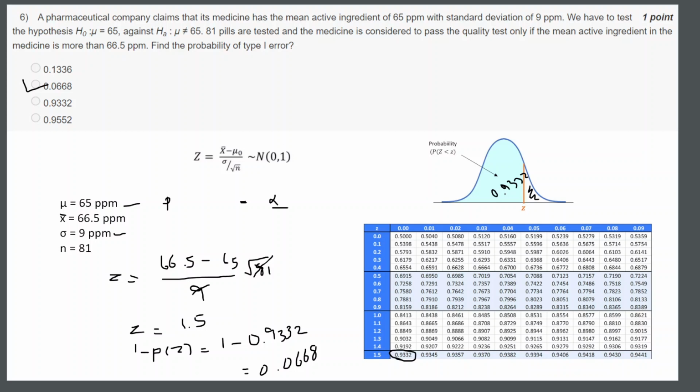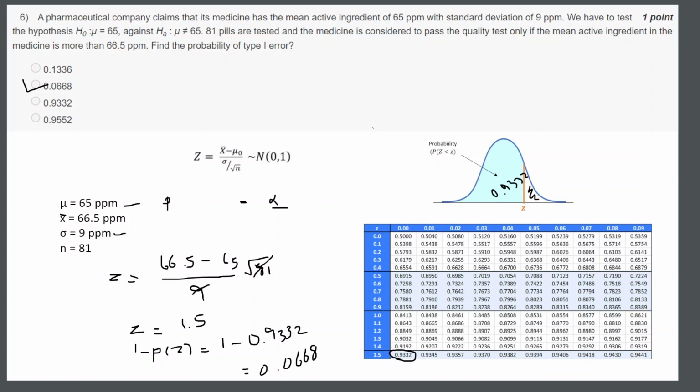For that, we will find Z. Since we know the population standard deviation and mean, we can use the standard normal distribution statistic. To standardize the value, Z is equal to x bar minus mu naught, divided by sigma by root n.